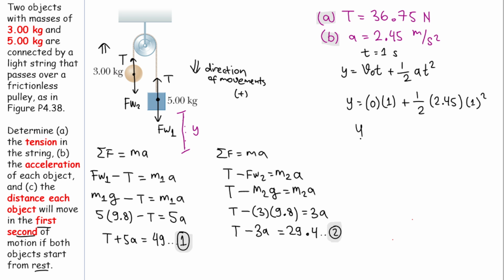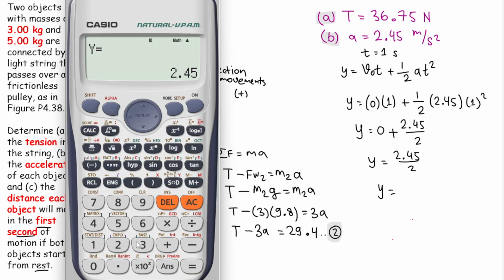So we'll have the distance here is equal to this one. 0 times 1 is 0, plus I think we will only need to calculate this one, 2.45 divided by 2. And what is it? 0 plus this one, it is just 2.45 over 2, but I think I need the help of a calculator to calculate this one.